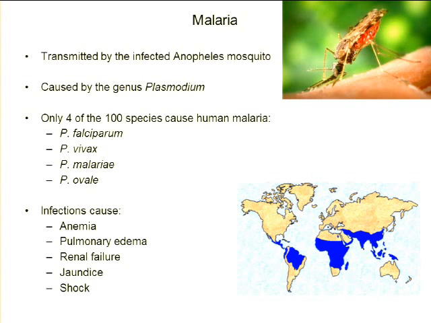The biggest one that causes 90% of the infections and 80% of the deaths is Plasmodium falciparum. Vivax, malariae and ovale are the other 3, but falciparum causes the vast majority of infections and the vast majority of death.